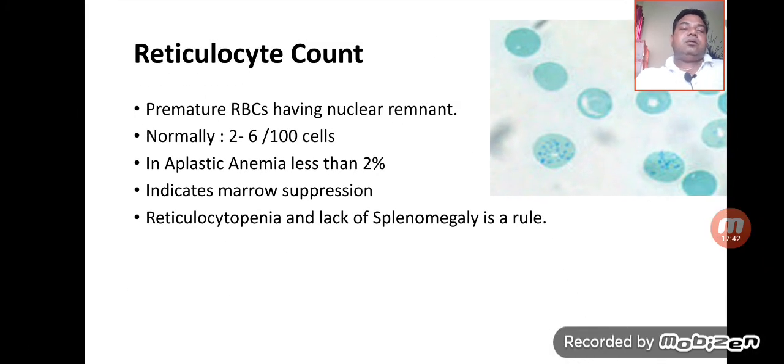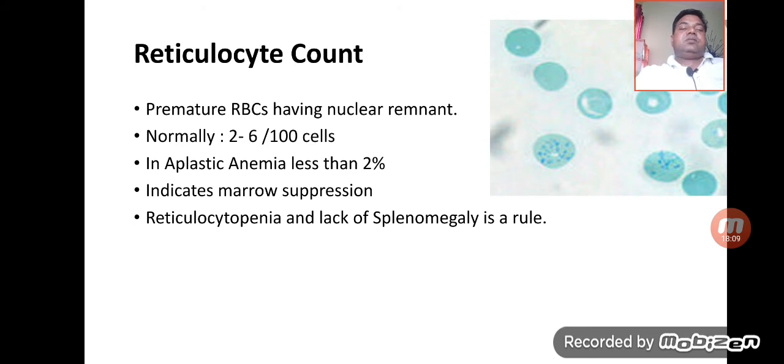Normally the count is around 2% to 6%. That means 2 to 6 per 100 cells is the normal count of reticulocytes in an adult. In aplastic anemia, the count usually falls to less than 2% because of the suppression of the marrow. The premature RBCs are not formed, and that results in a decrease in the reticulocyte count.